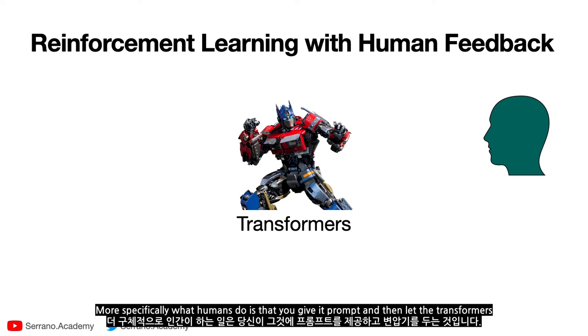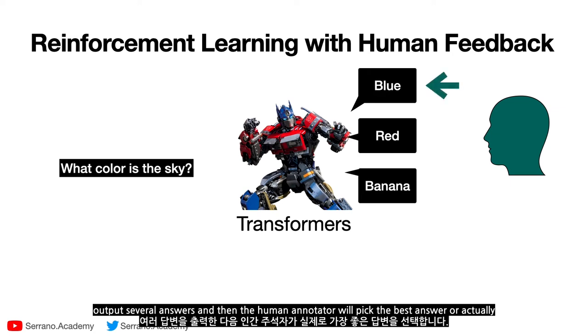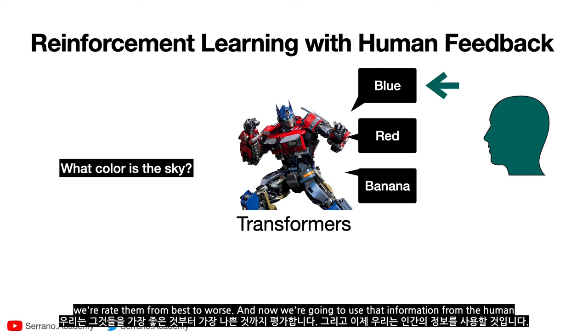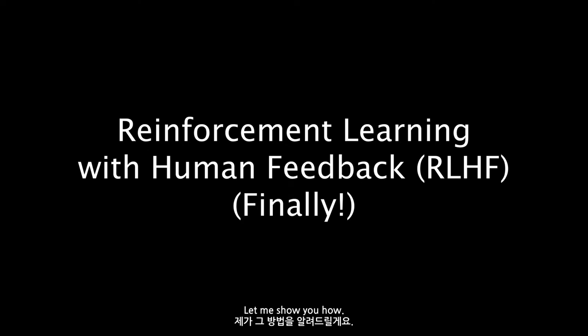More specifically, what humans do is you give it a prompt and then let the transformer output several answers. And then the human annotator will pick the best answer, or actually we rate them from best to worst. And now we're going to use that information from the human annotators to train the transformers. And how do we do it? With reinforcement learning. Let me show you how.